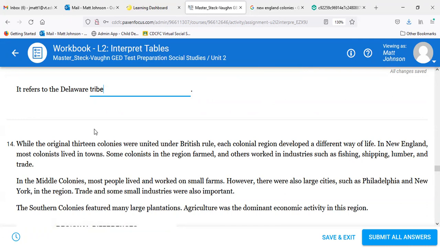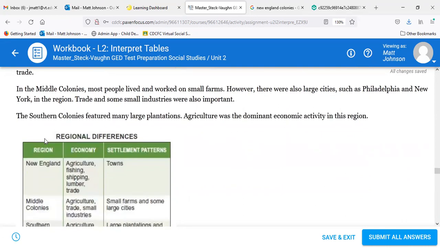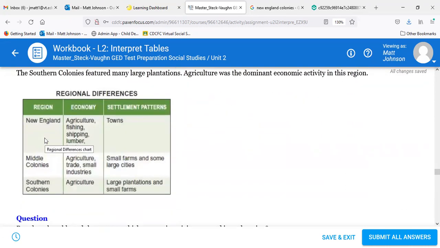In the middle colonies, people lived and worked on small farms. However, there were also large cities, such as Philadelphia and New York, in the region. Trade and some small industries were also important. The southern colonies featured many large plantations. Agriculture was the dominant economic activity in this region. And that's what our table represents, right?